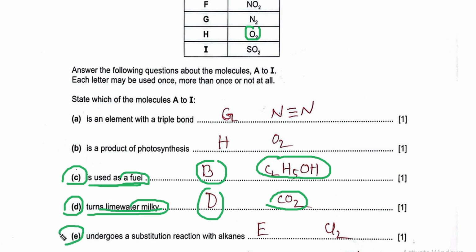Number E undergoes a substitution reaction with alkanes. Alkane reacts with chlorine to form chloroalkane plus hydrogen chloride, so the answer will be E. The reaction type is substitution.